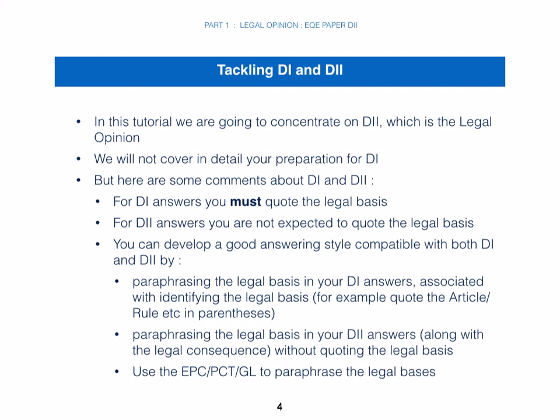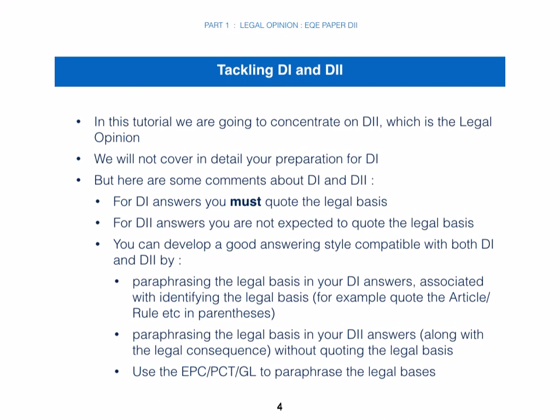You can develop a good answering style compatible with both D1 and D2 in the following way: by paraphrasing the legal basis in your answer associated with identifying the legal basis, for example, quoting the article or rule in parentheses for your D1 answers, and paraphrasing the legal basis in your D2 answers along with the legal consequence, but without quoting the legal basis.